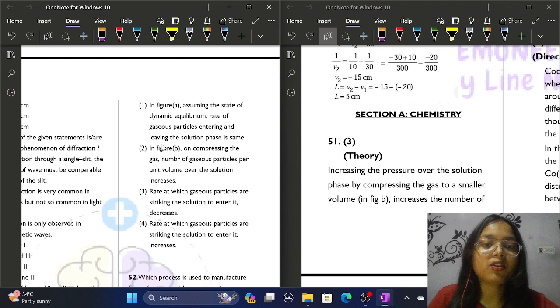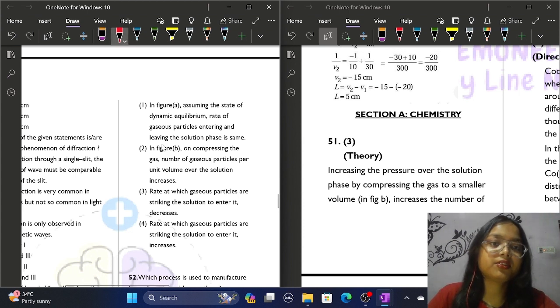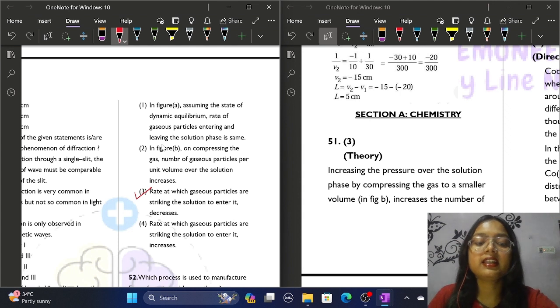In figure B, on compressing the gas, the number of gaseous particles per unit volume over the solution increases. The rate at which the gaseous particles are striking the solution to enter it decreases. And the fourth one is the rate at which gaseous particles are striking the solution to enter it increases. So the correct option will be option C. The rate at which the gaseous particles are striking the solution to enter it decreases.